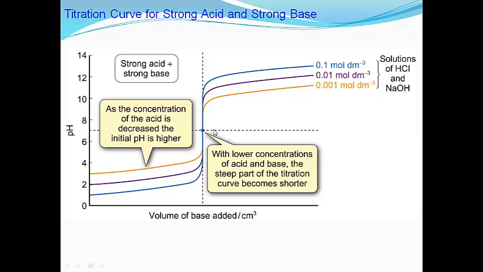You still end up with the equivalence point occurring at a pH of 7, but the narrowness of that equivalence point area is smaller. Again, you can still interpolate to determine what the volume is, and then calculate the concentration of our solutions respectively.